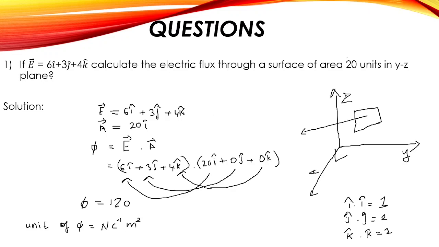But since here the area is given in 20 units, we can write phi as 120 units itself, okay? The actual unit of electric flux is Newton Coulomb inverse meter square. In other problems, you need to use this unit. Now let's look into another problem.